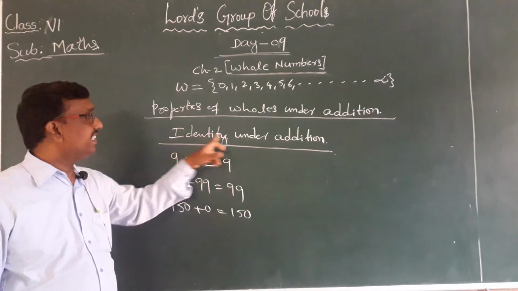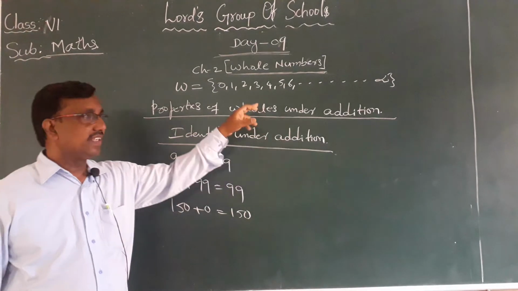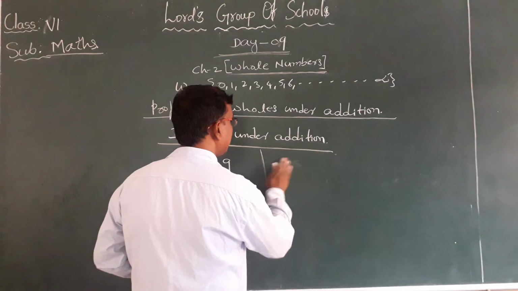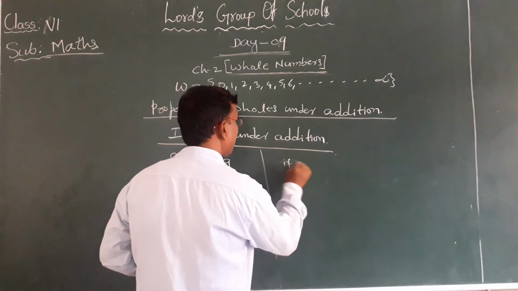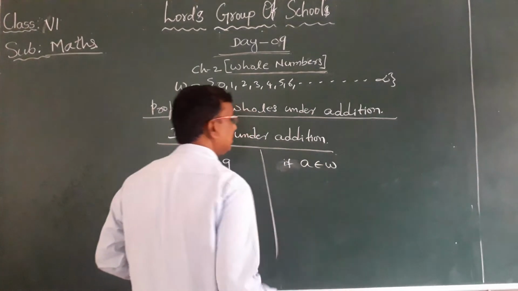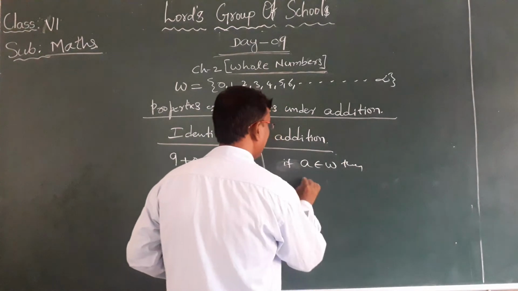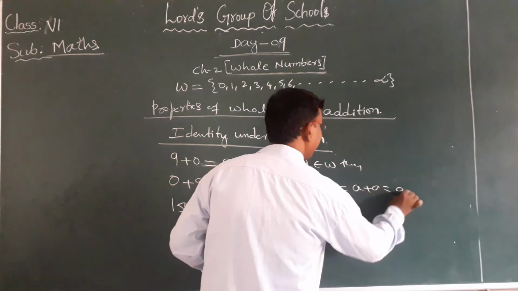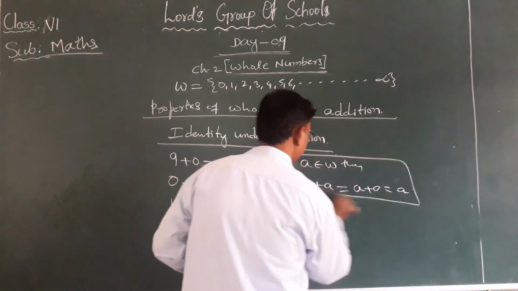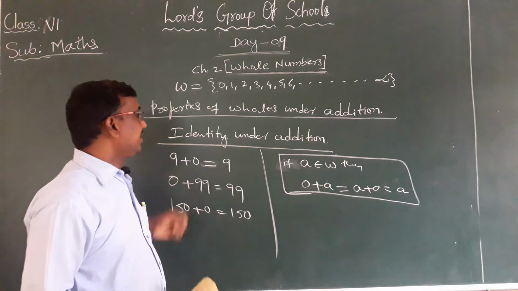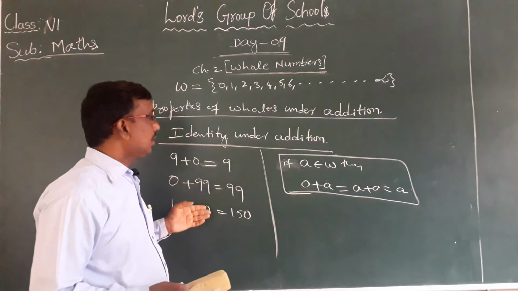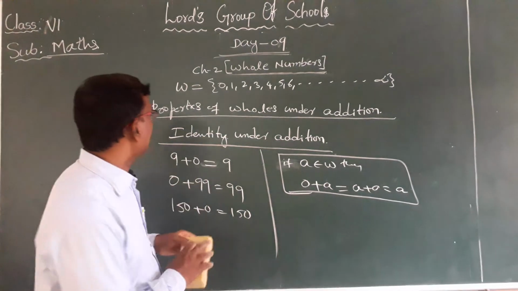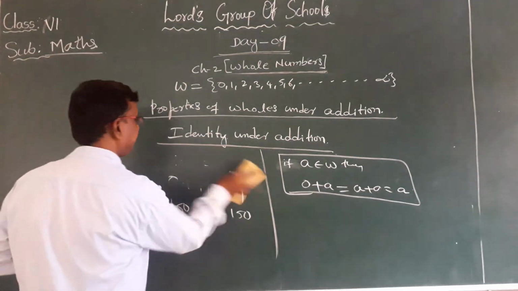In general, if A is any whole number, then 0 plus A or A plus 0 will be A. So sum of 0 and a whole number will always be the same whole number. This is called identity under addition.